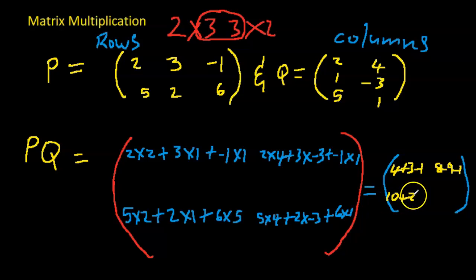And 6 times 5, 30, right? For this one, we have 5 times 4, that's 20. 2 times minus 3 is minus 6. And then 6 times 1, that's positive 6.